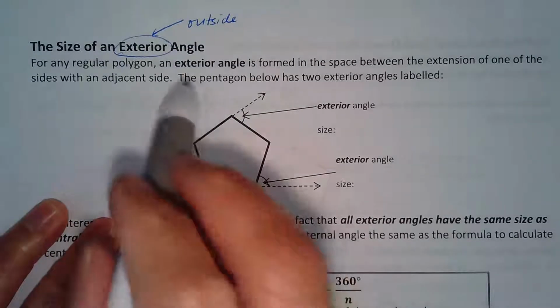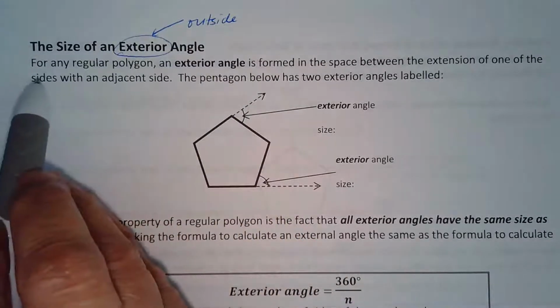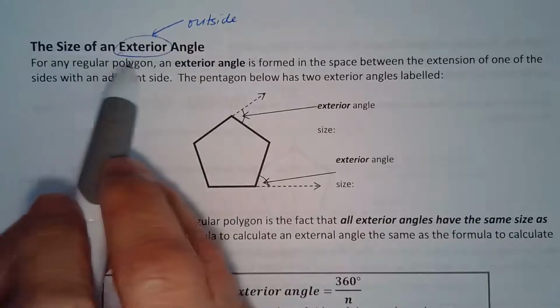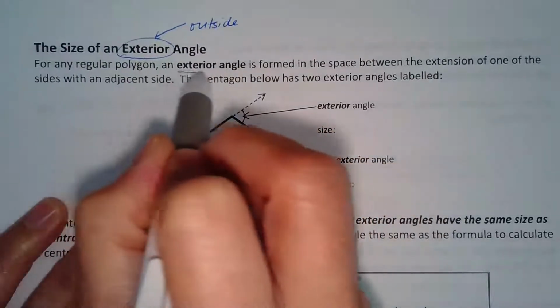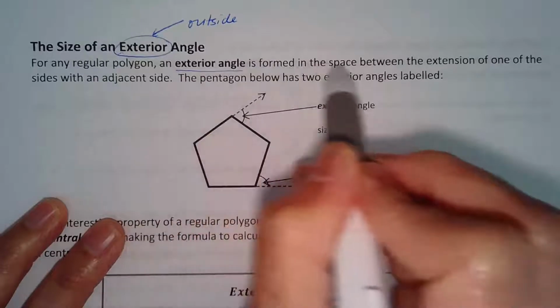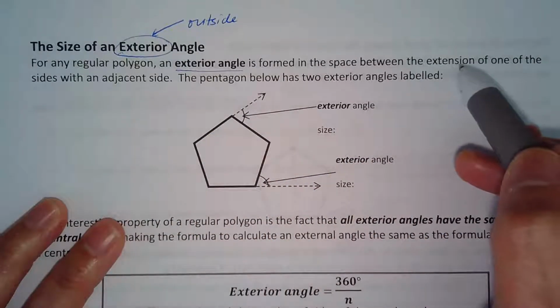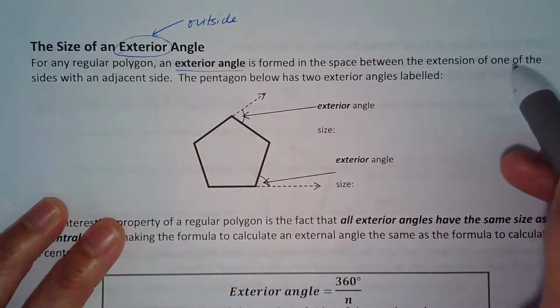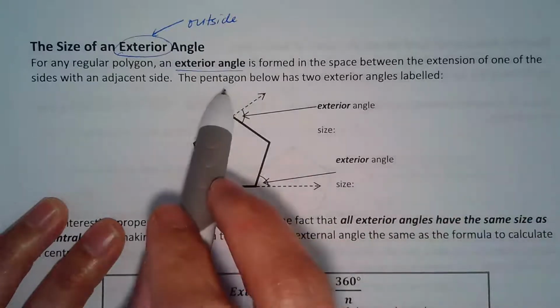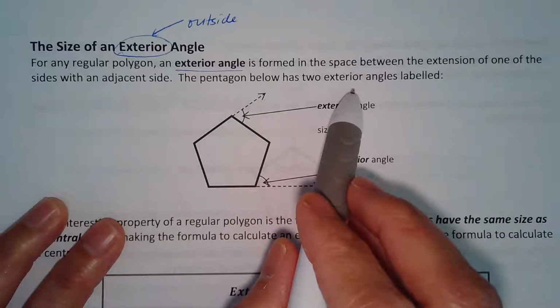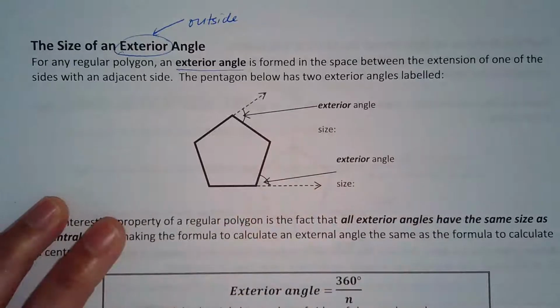So what is an exterior angle? Let's read on. For any regular polygon, an exterior angle is formed in the space between the extension of one side with the adjacent side. The pentagon has two exterior angles labeled.